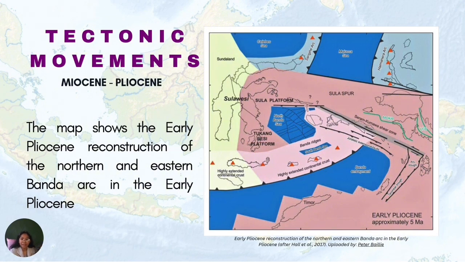Also, the extension of the Banda Arc played a central role in shaping eastern Indonesia's unique arc-back arc system, and it initiated the structural complexities that continue to define Indonesia's tectonic landscape today.